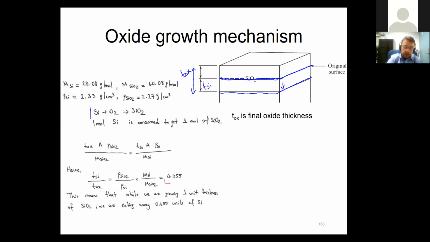Now let's look at our chemical reaction. That says that if you use 1 mole of silicon, you will end up with 1 mole of silicon dioxide. Now, let's try to see how many moles we have used for silicon and silicon dioxide, how many moles we created. If I multiply T oxide, the thickness, times the area, which area? This area here.